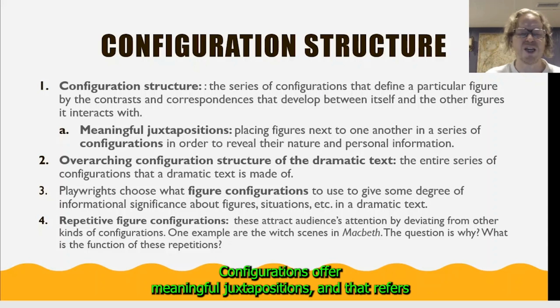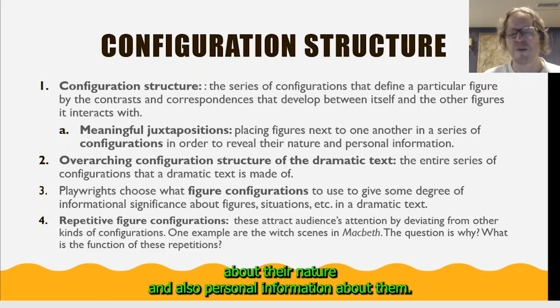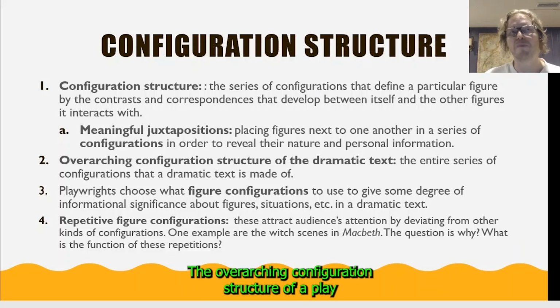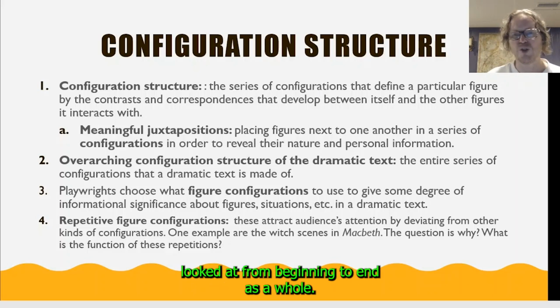Configurations offer meaningful juxtapositions, and that refers to the act of placing figures next to other figures in order to reveal things about their nature and also personal information about them. The overarching configuration structure of a play are all the configurations taken in sequence, looked at from beginning to end, as a whole.